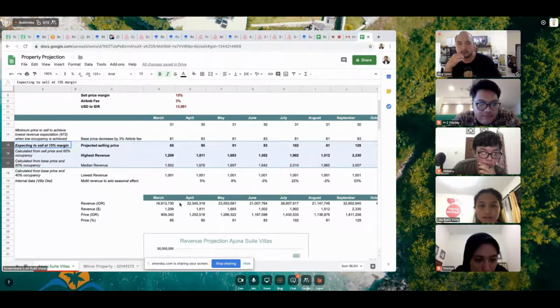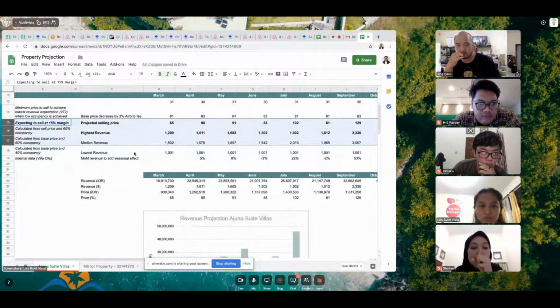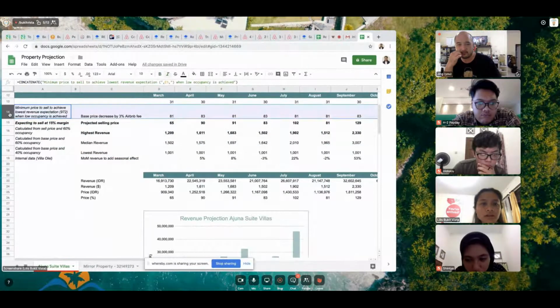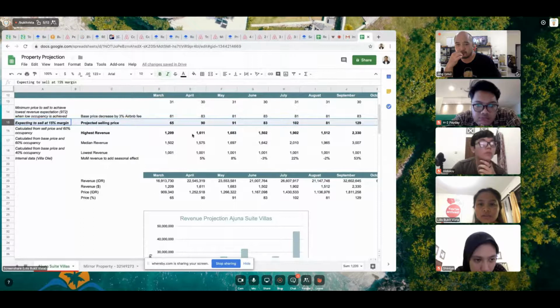So basically, I propose the highest here, because compared to Villa Olel, the price still makes sense if I use this one.